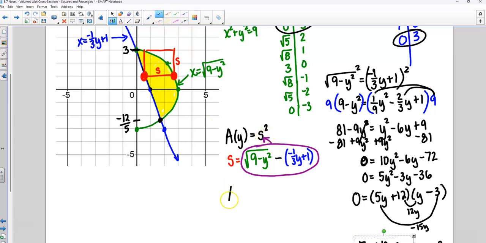So our area formula is the square root of 9 minus y squared minus negative 1/3 y plus 1, squared. Make sure you've got your parentheses right here. You've got to have those double parentheses on the end, unless you distributed your negative and dropped those, because the whole quantity must be squared.